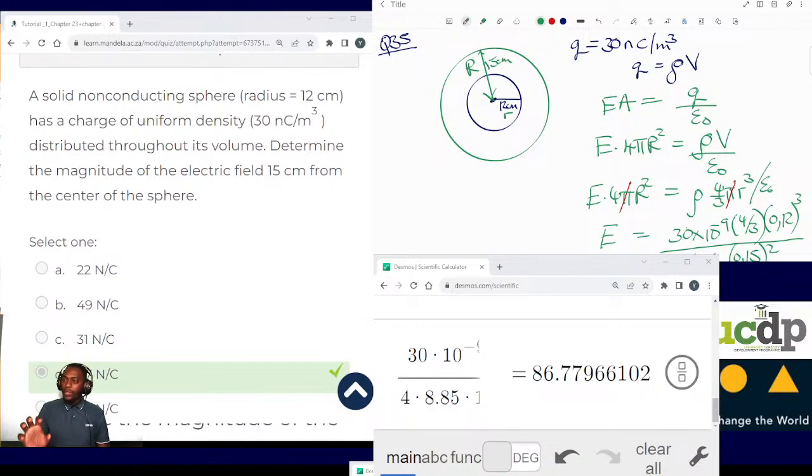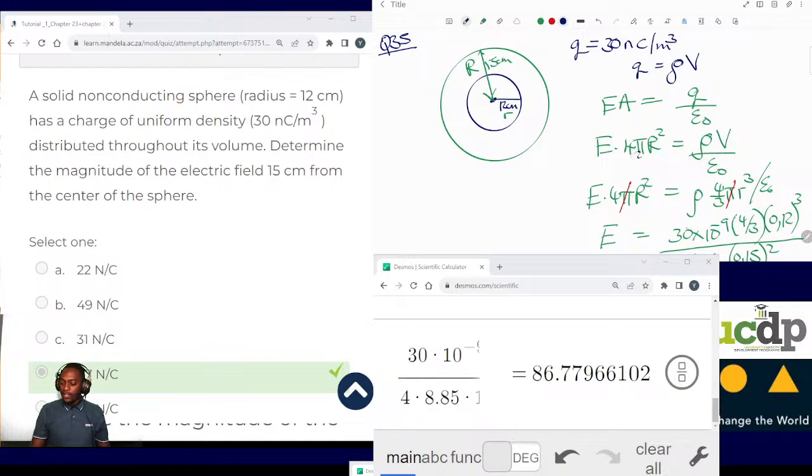We've been given a sphere with a radius of 12 centimeters, and we're asked to calculate the electric field strength at 15 centimeters. Hence, our Gaussian surface should enclose everything within 15 centimeters, so it has a radius greater than the radius of the sphere. And once we've done that, you are left with substituting.